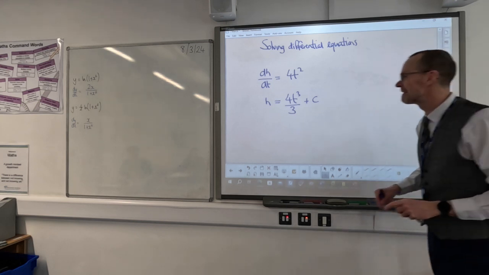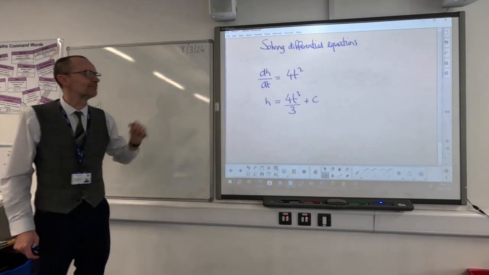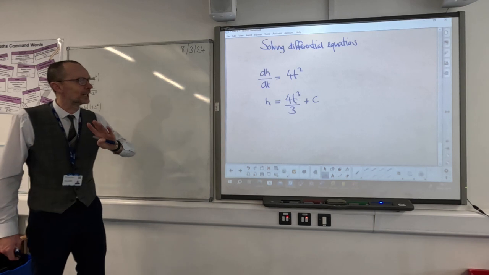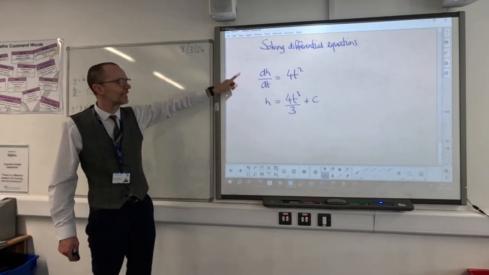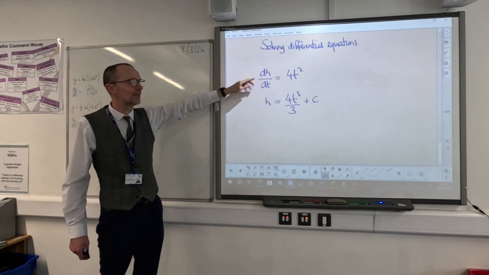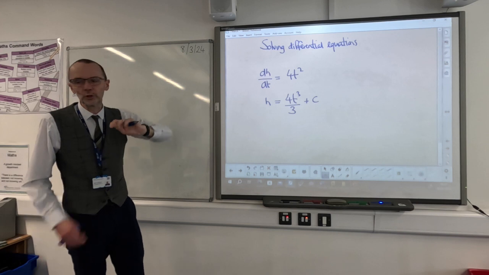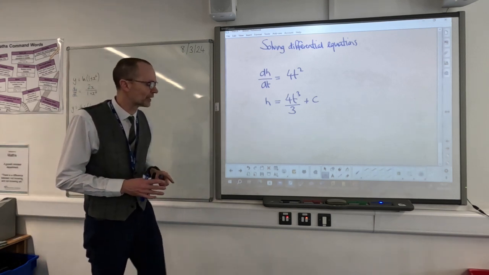So, integration undoes differentiation, and we've done that last year, and there's nothing new there. All that's new is we're now referring to this as a differential equation, and in this case, dh by dt, if h is height, is the rate at which something is changing. I don't need to teach you anything new in order to solve that differential equation.